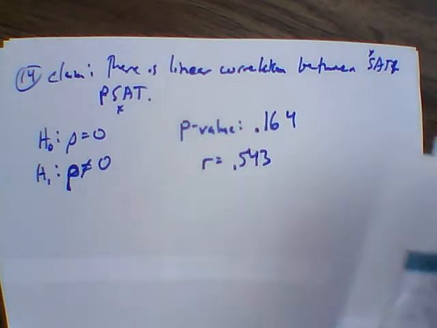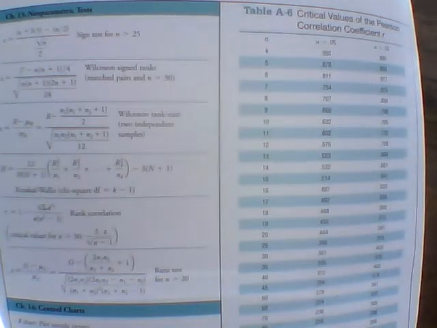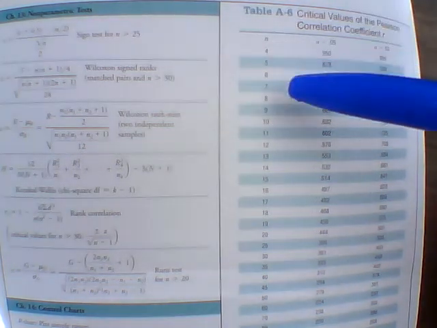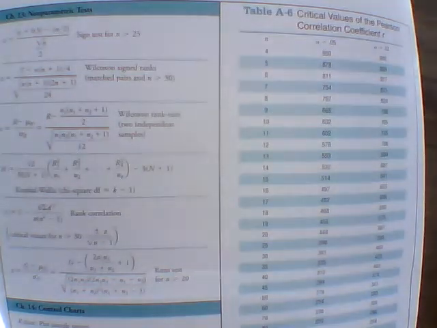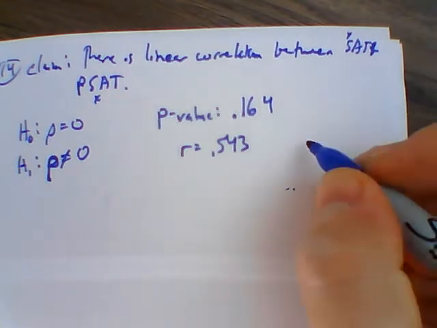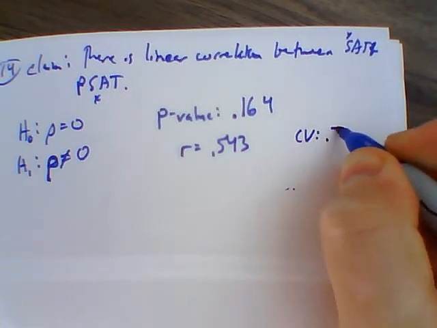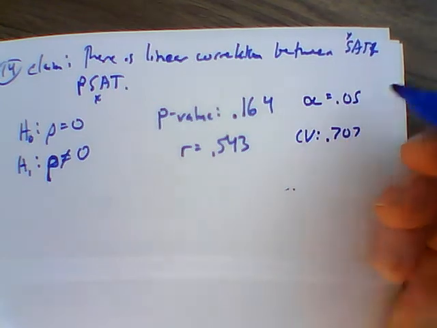The other way is we would come to our table, recognizing that we had 1, 2, 3, 4, 5, 6, 7, 8 scores in here. So if I went to 8, see that under a 0.05, I have 0.707. Okay, so I could go like this. Critical value would be 0.707, or I could go alpha equals 0.05.